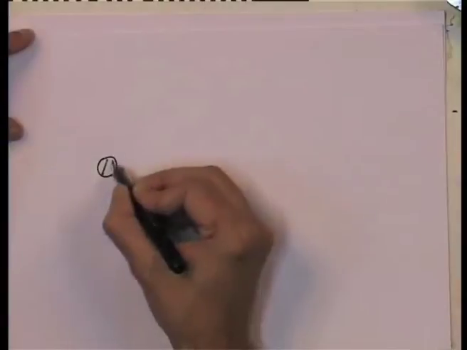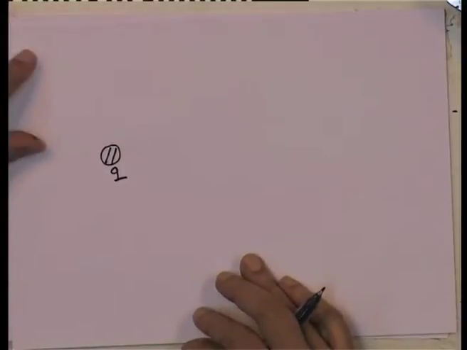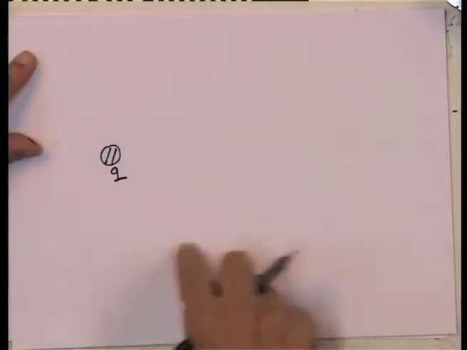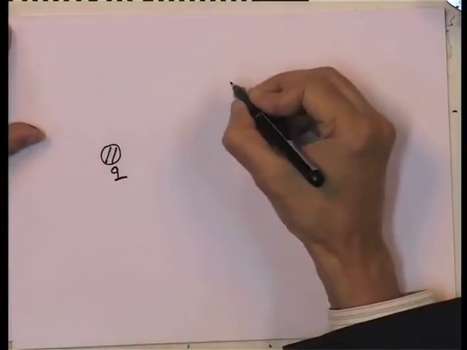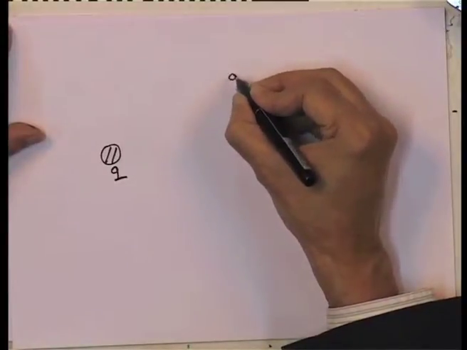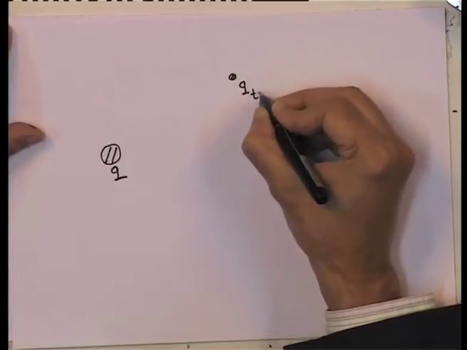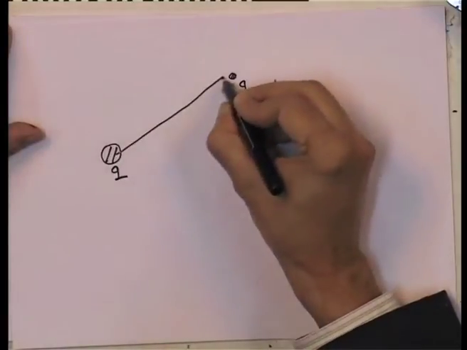I have a charge, let us suppose this charge is q, I do not care how big or small that charge is, and surrounding this I have the electric field of this charge q. Now, what I do is I put a small charge, let us call it q test, at a distance, let us say r.